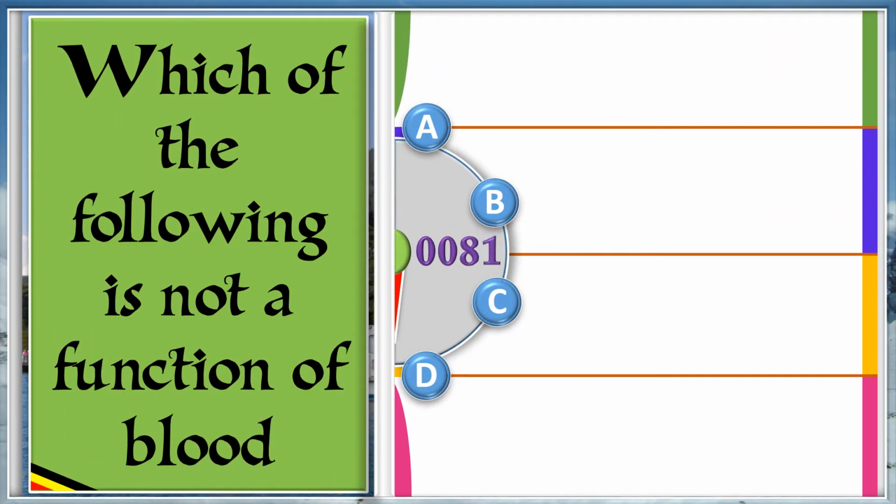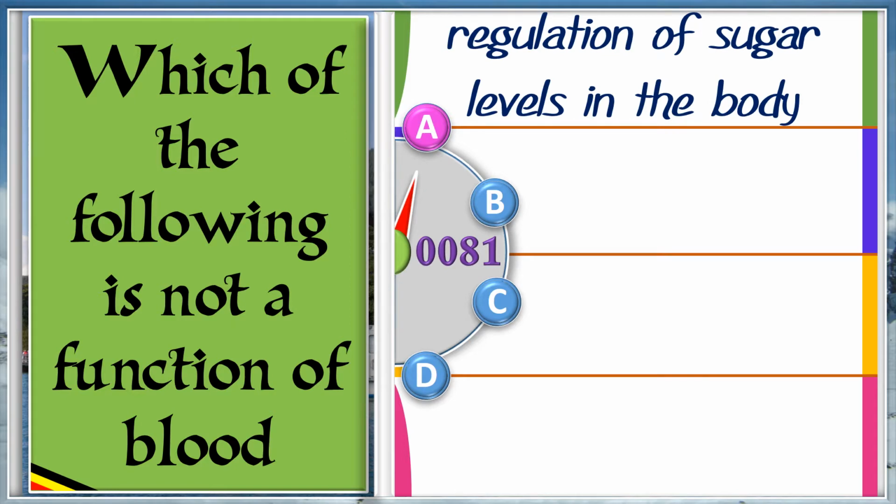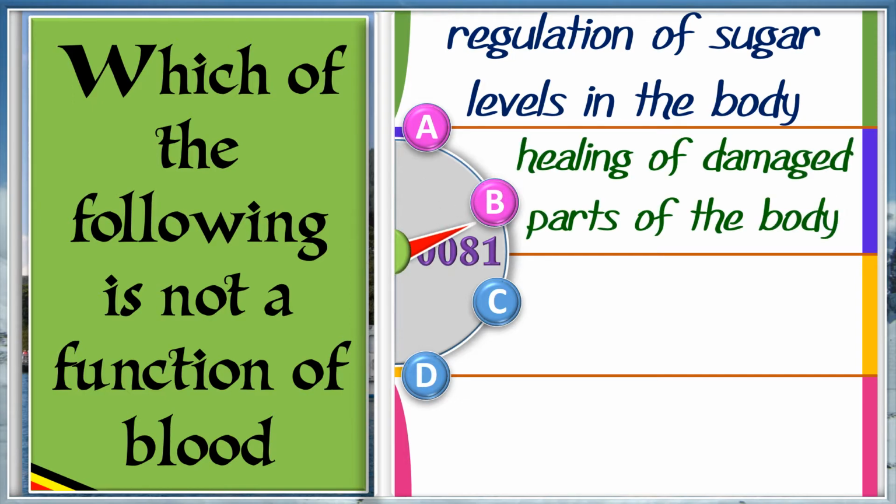Which of the following is not a function of blood? A. Regulation of sugar levels in the body. B. Healing of damaged parts of the body.